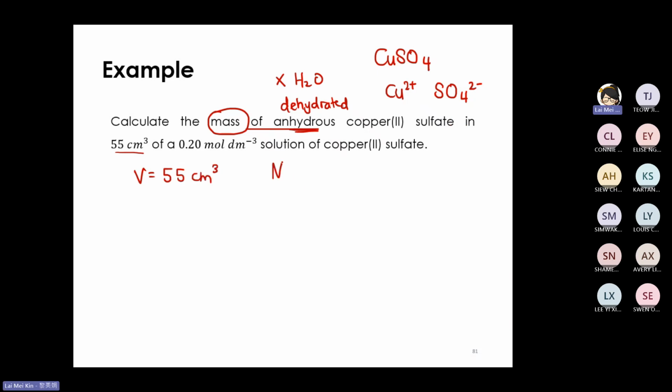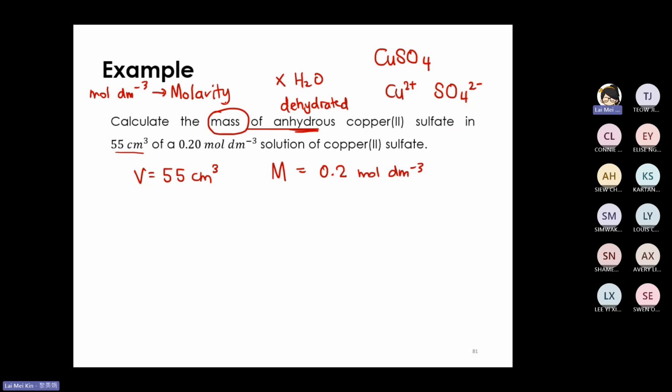And I'm telling you the molarity. Molarity is capital M. Molarity is 0.2 mole per decimeter cube. The concentration in mole per decimeter cube, I can also refer to as molarity.